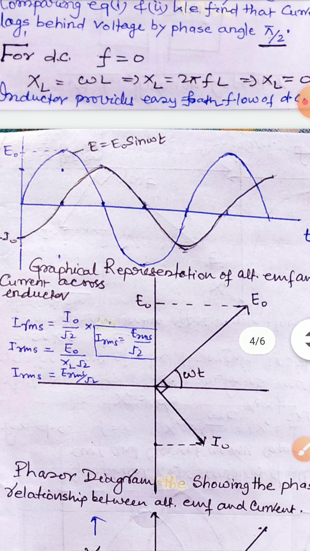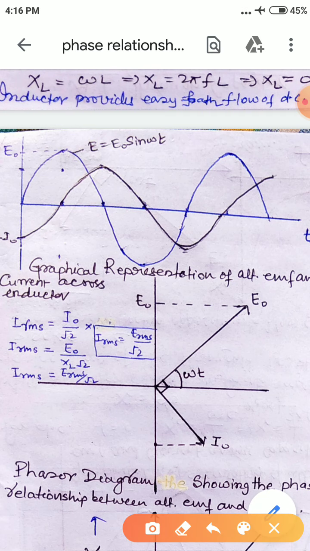Now come to their phase relationship. E is equal to E naught sin omega t. Here it is clear. Now current is lagging behind. So how much? 90 degrees. So from here we have to go back by 90 degrees.